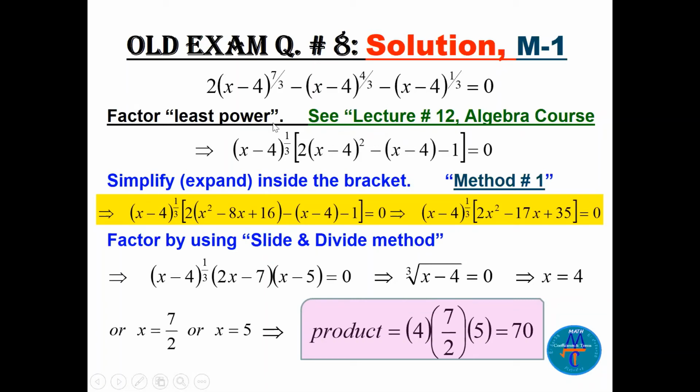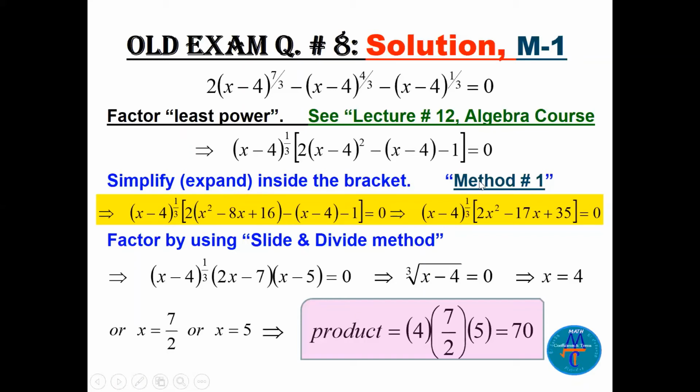Take the smallest one. So there'll be 2, 7 over 3 minus 1 over 3, which is 2 here, minus x minus 4 to the power 4 over 3 minus 1 over 3, which is 1 here. And then x minus 4 to the power 1 over 3, take it out, there is only 1 there. Now you can check lecture 12, where I explain everything.